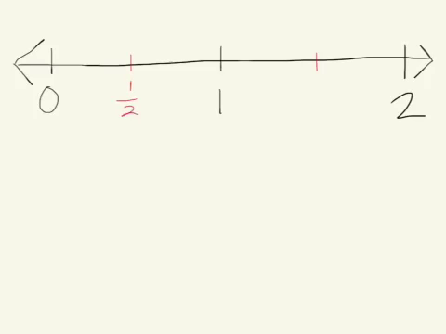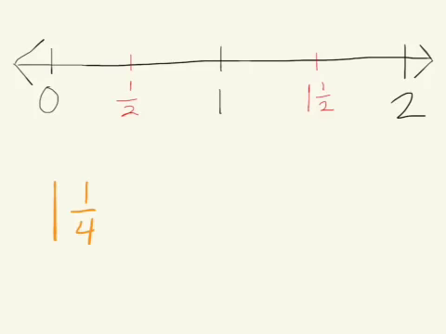We would have 1/2, and here we would have not just 1/2, but 1 and a half. That's our halfway mark. So what we need to decide is, when we are looking at a fraction, which whole number is this fraction closest to?